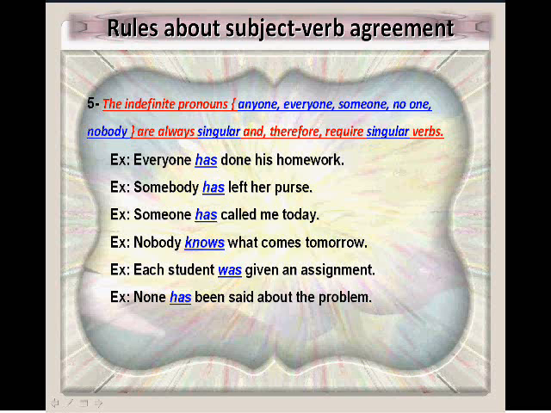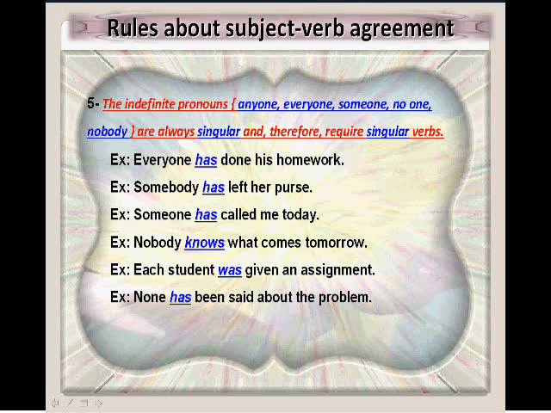Also in the example before last, when we have each student was, of course here was because each student is singular, and was is the singular form of the verb to be in the past simple tense. Okay, so be careful with this because this is very important.